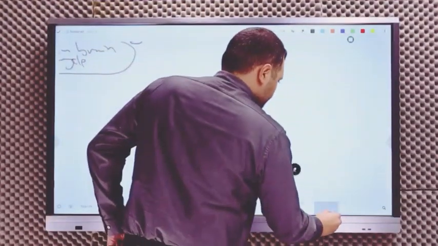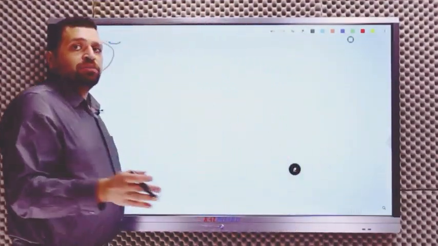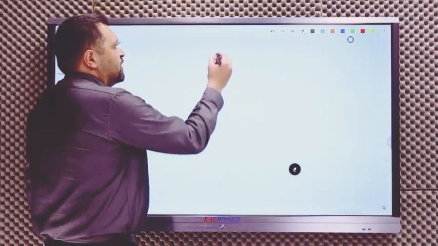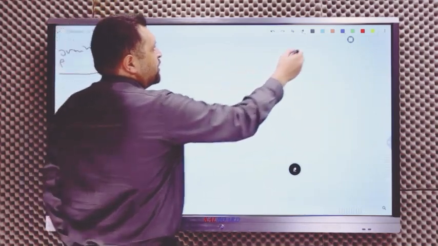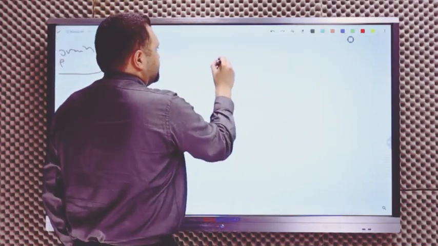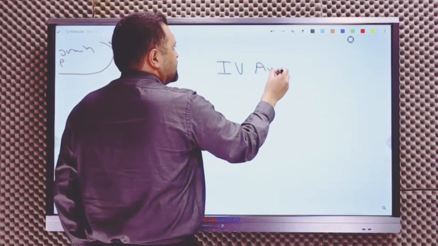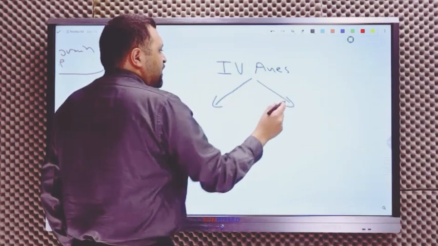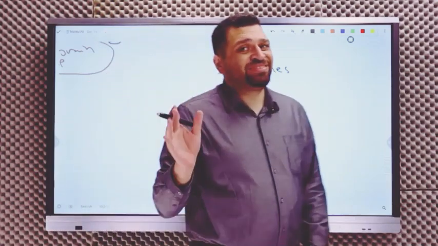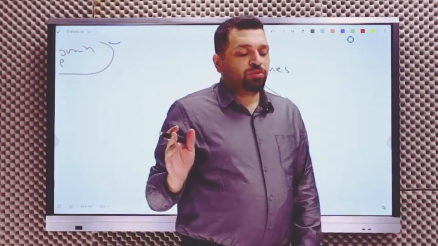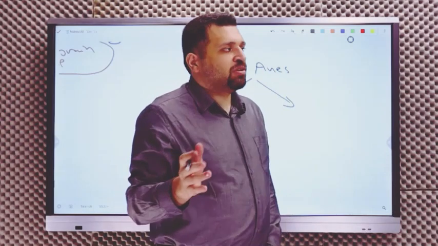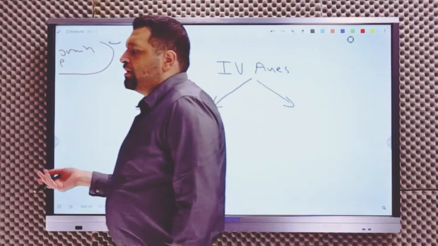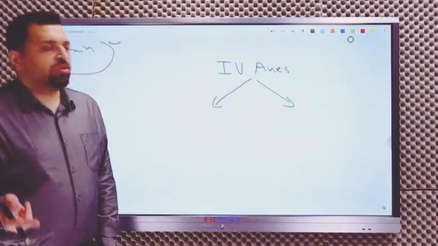Now, if we want to make an outline for this lecture, we can talk about the names of the drugs we are going to talk about. So here is IV anesthetics. They are divided by many classifications. So you can say rich drugs, you can say poor drugs, you can say tall drugs, you can say short drugs.